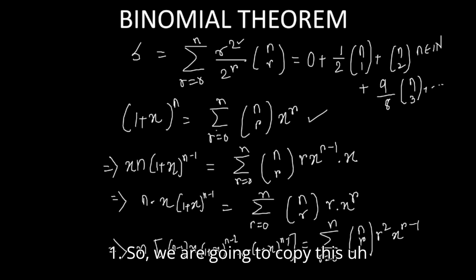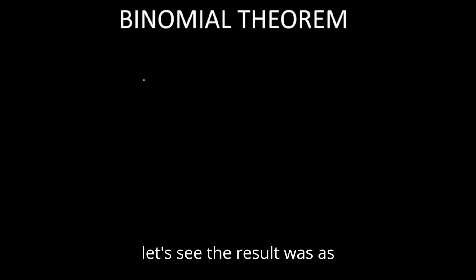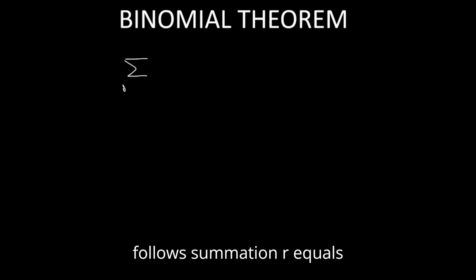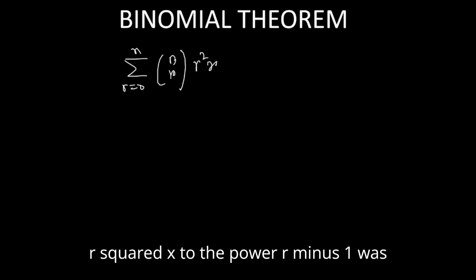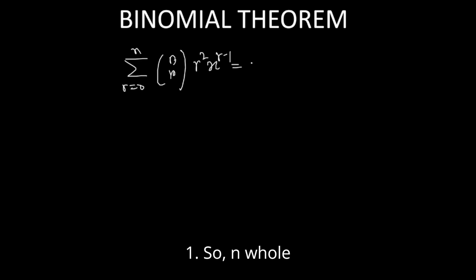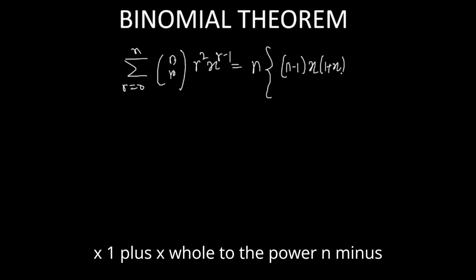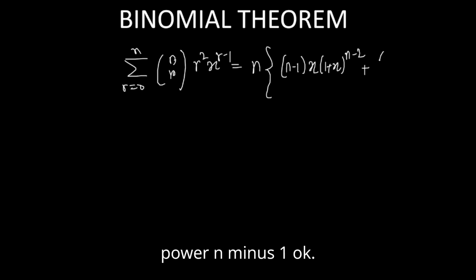So we are going to copy this result to the next page, and let's see. The result was as follows: the summation r = 0 to n of nCr r squared x^(r-1) was equal to n(n - 1)(1 + x)^(n-2) plus (1 + x)^(n-1).